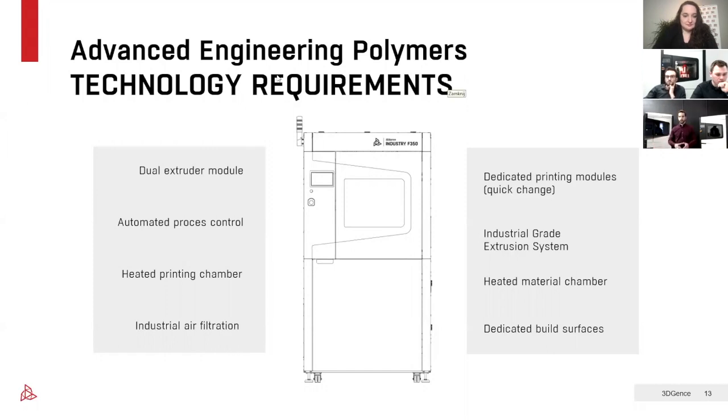To wrap it up, there is the automatic process control, which will take you from the slicing software through the printer, which optimizes loading temperatures, with all the sensors inside the printer controlling your environment during the printing. The industrial grade extrusion system: when we are printing with materials like carbon fiber reinforced polycarbonate, we need to make sure that our extrusion system will be able to handle those challenging materials.